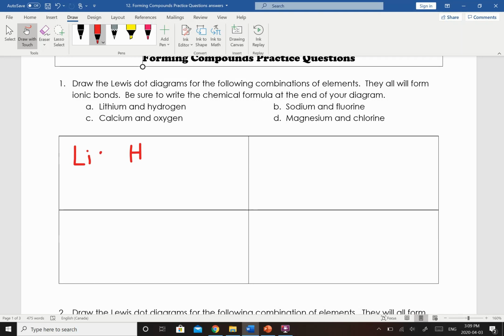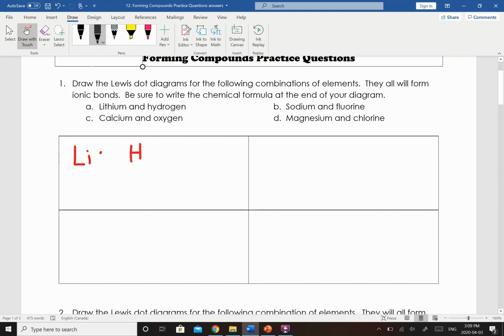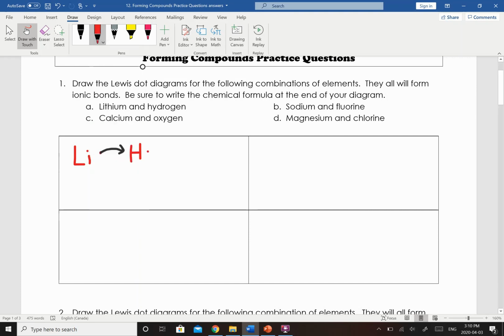Remember, the nonmetal always steals the electron from the metal, so hydrogen should have 1 valence electron already. We'll steal the one from lithium, and then we'll end up with Li plus and H minus, and they'll stick together as Li.